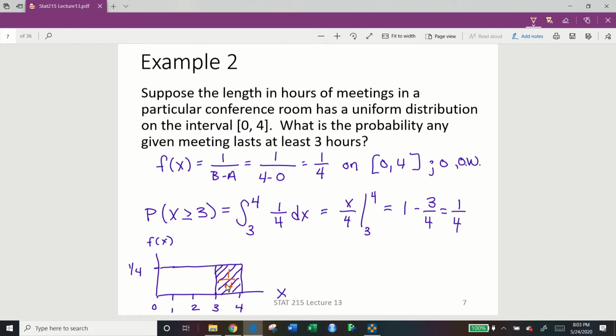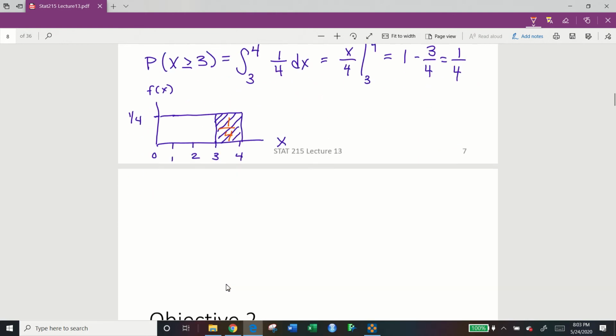Coincidentally, in this case, both our f of x and our area are equivalent. That's not always going to be the case. Just a happy accident in this one.